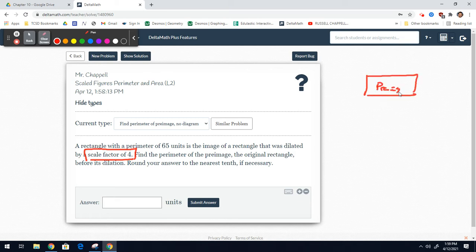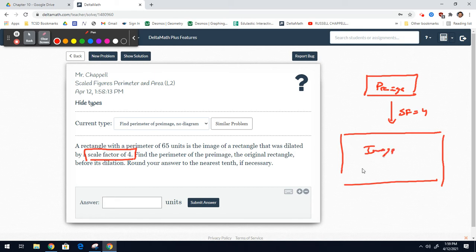We know nothing about it. We do know that it was dilated by a scale factor of 4 to make this enlarged image, and the perimeter of this image is 65. We want to go backwards and find the perimeter of the preimage.